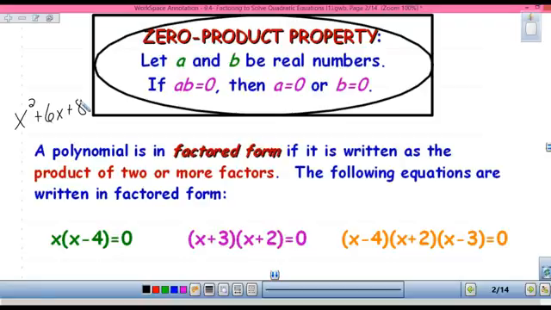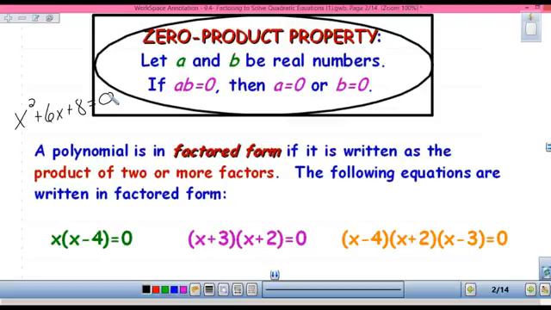And where it crosses the x-axis, what is 0? The x or the y? The y is 0. So that's why a lot of times we set this equal to 0. Sometimes you see it as y equals, sometimes you see it as equals 0. The reason we set it equal to 0 is because we're looking for where this equals 0 when we're finding the solutions.